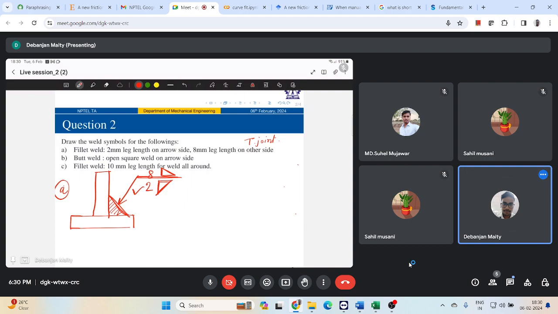Then you have a butt weld with the open square weld on the arrow side. Let's say you have a butt weld like this.